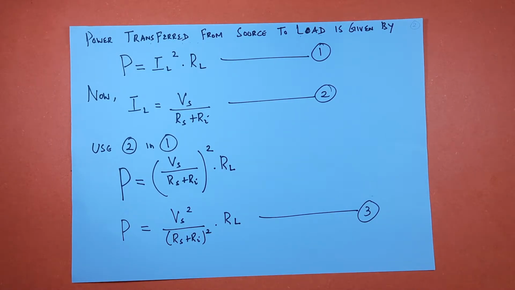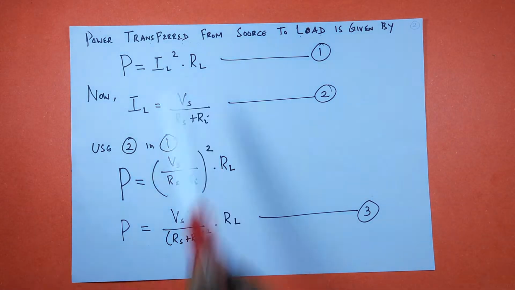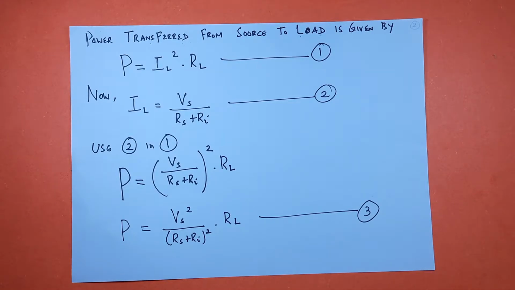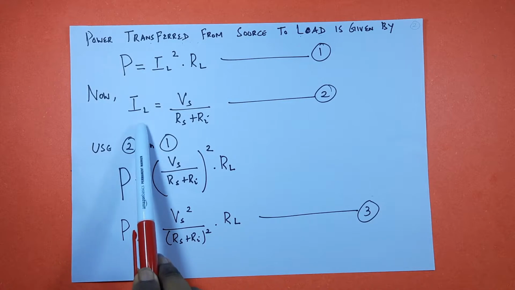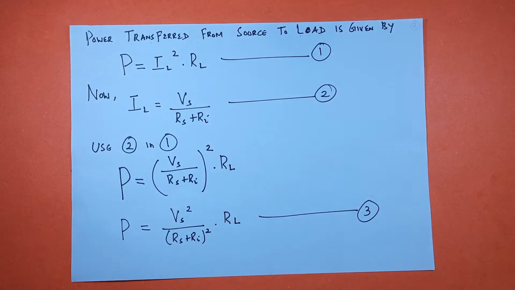Power transferred from source to the load is given by P equal to IL square into RL. Call this equation number 1. Now IL equal to Vs divided by Rs plus Ri. This is according to Ohm's law. This is equation number 2. Use equation number 2 in equation number 1.